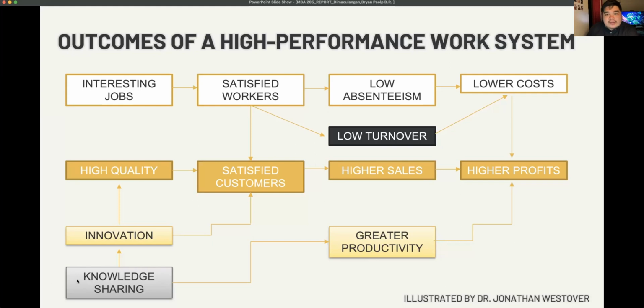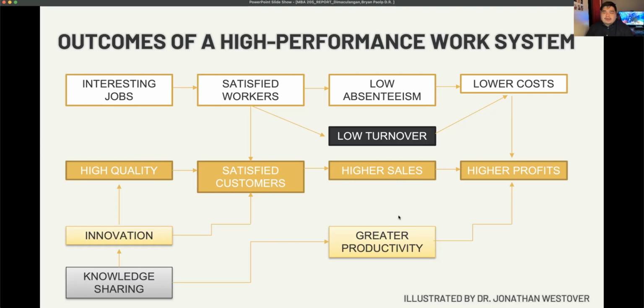Same as knowledge sharing. In HPWS, there is knowledge sharing within the organization. If we have knowledge sharing, this will promote greater productivity and innovation. If we are innovating or using the knowledge correctly, magkakaroon tayo ng much higher quality product or service. Of course, if we have high quality product and service, this will again promote satisfied customers, resulting in higher sales.